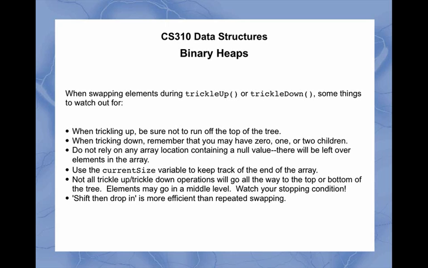You may need to stop somewhere in the middle, so watch out for your stopping condition. Finally, there is a more efficient way of handling these swaps. Rather than swapping elements, what you can do is shift until you find the place where it goes and then drop it in. That's somewhat more efficient.